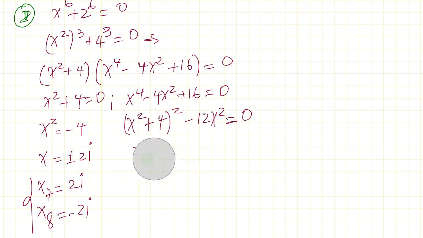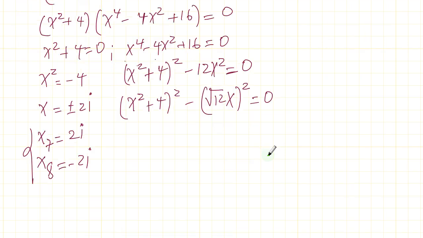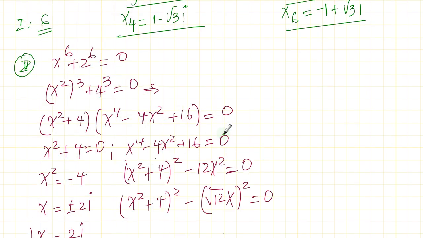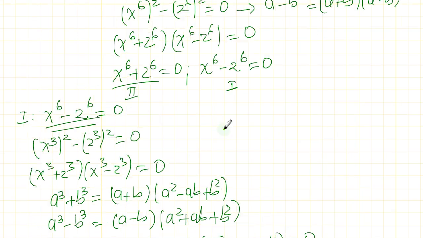So this one here I can write as x squared plus 4, this is square, minus square root of 12x to the power of 2, and then this is 0. So now I can apply our identity, which is the one we applied first.